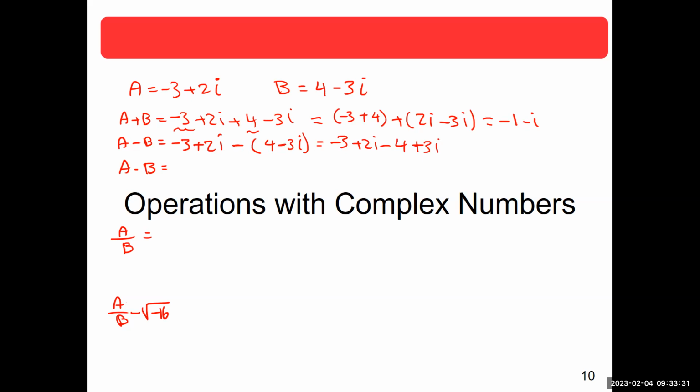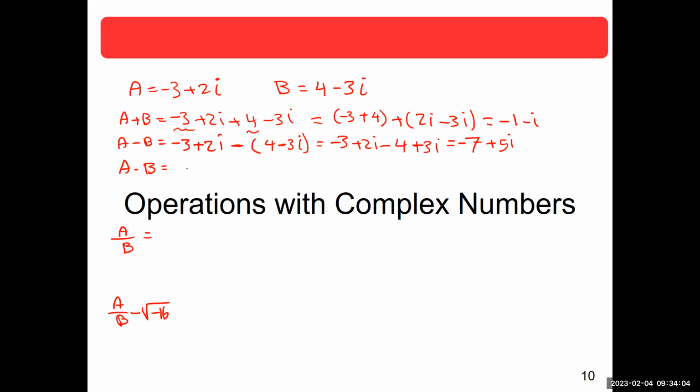It was negative multiplied by negative, which is positive. Now we can combine real and real, -3 and -4. Let's do it in our head, -7. Now 2i plus 3i, that's 5i. You see what I see? In subtraction, the outcome is completely different from adding. Okay.